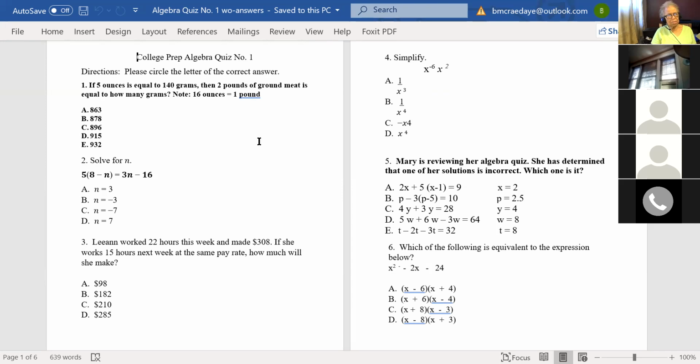College prep algebra quiz number 1. I think it's on my phone. I think it's on my tablet. I think we would have the quiz. First it was last week, and then I postponed it to this week. And I think I sent you the quiz. But anyway, I'll be sending it to you again. But I want you to use the remaining time to work on the quiz. And if you have any questions on anything there you don't understand, please ask me.